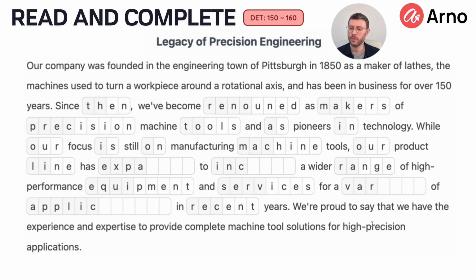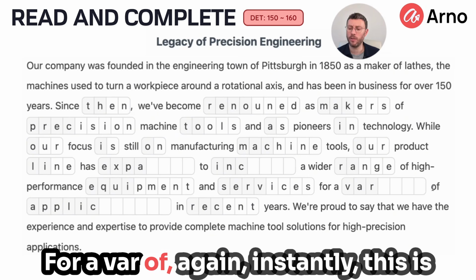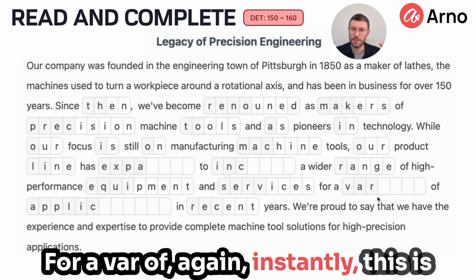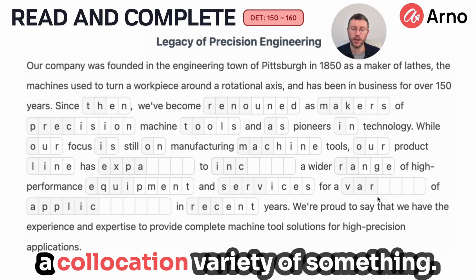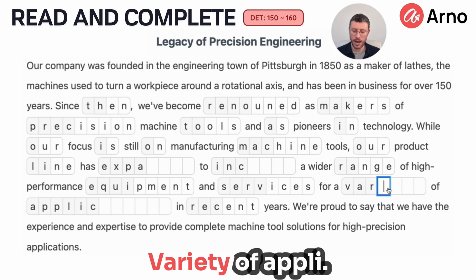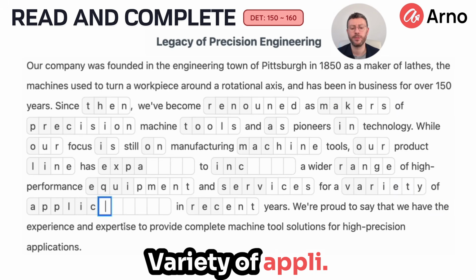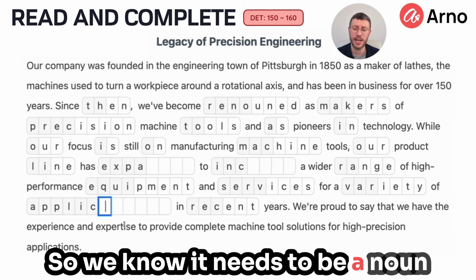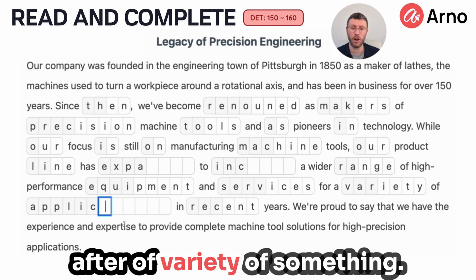Services for a variety of, again, a collocation, variety of something. So we know it needs to be a noun after of.